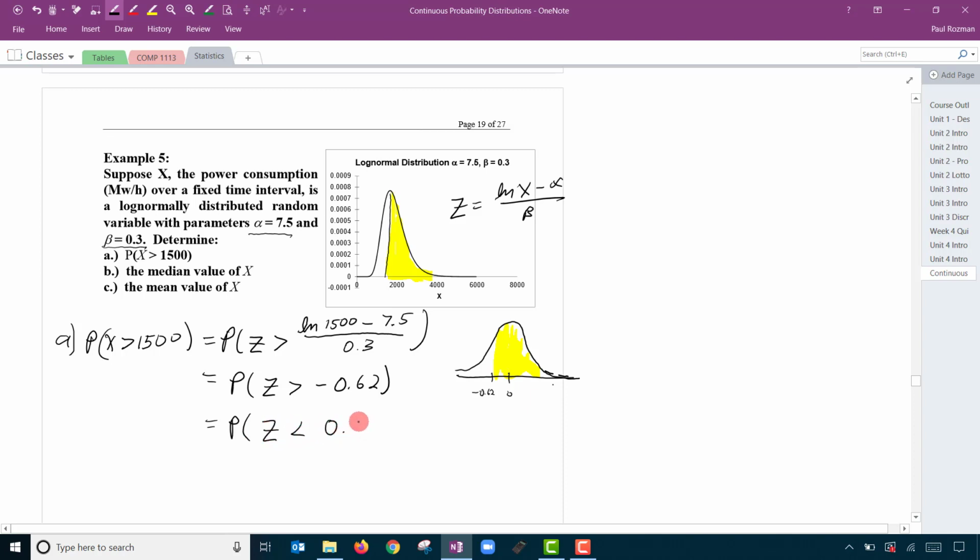Notice I didn't do 1 minus this. I'm just doing a little flip over the axis here. The area above negative 0.62 is the same as the area below positive 0.62, because now I'm going to look that up in my Z table.